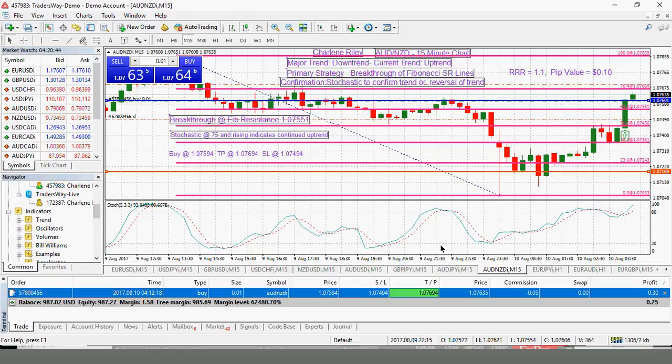If I need to make an adjustment, I can always move my stop loss line down closer to the support line, or move my take profit line just to the next resistance line.